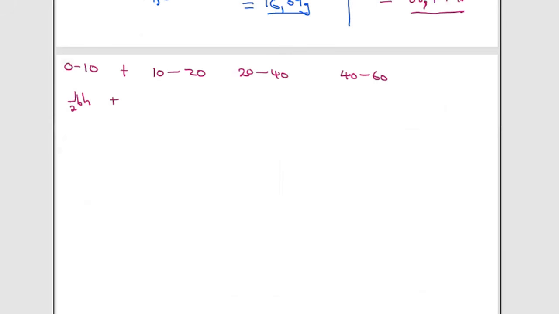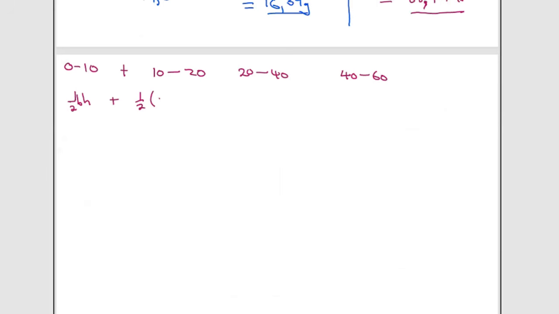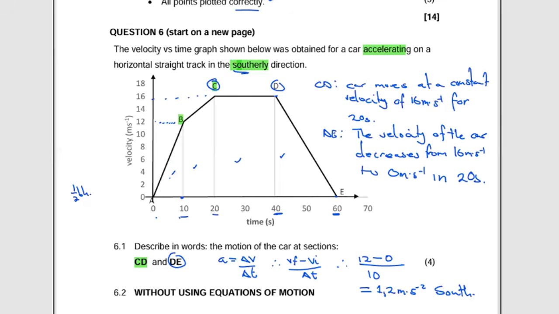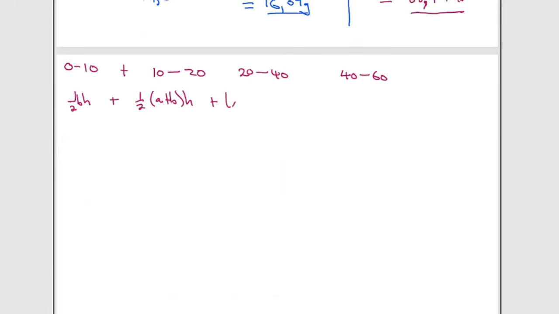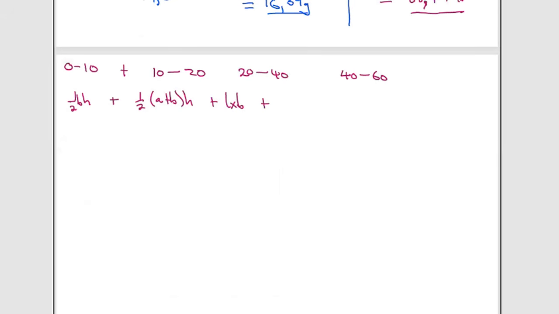For a trapezium, I'm supposed to say half of (A plus B), multiplied by the height. Then I'm going to add again from 20 to 40, where we have a rectangle, so L multiplied by B. And the last part is a triangle again, therefore plus half base times my height.